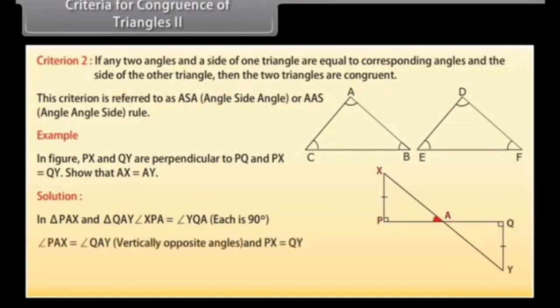Angle PAX is equal to angle QAY because these are vertically opposite angles, and PX is equal to QY. Therefore, by AAS congruence rule, triangle PAX is congruent to triangle QAY. Therefore, AX is equal to AY, by CPCTC.